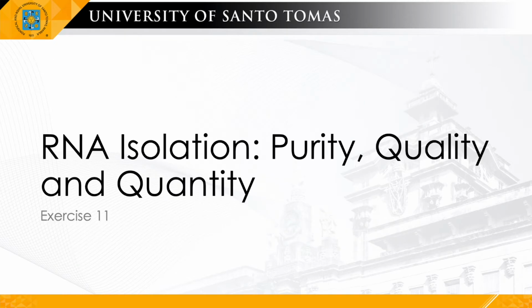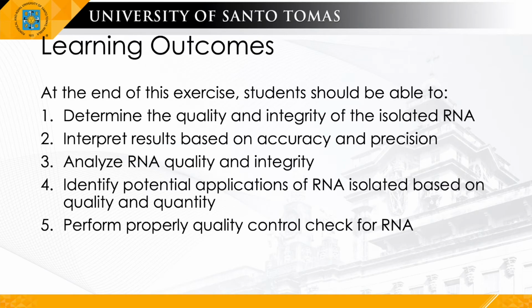In the purity, quality, and quantity of the RNA that was isolated, there are many techniques doing just this for RNA isolation. And please refer to exercise 11 for the instructions on the procedure. So for the learning outcomes, at the end of this exercise, I want you to determine the quality and integrity of the isolated RNA.